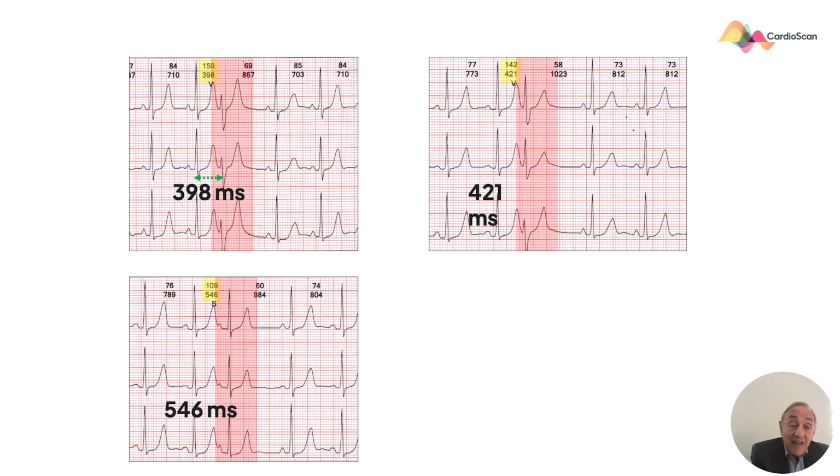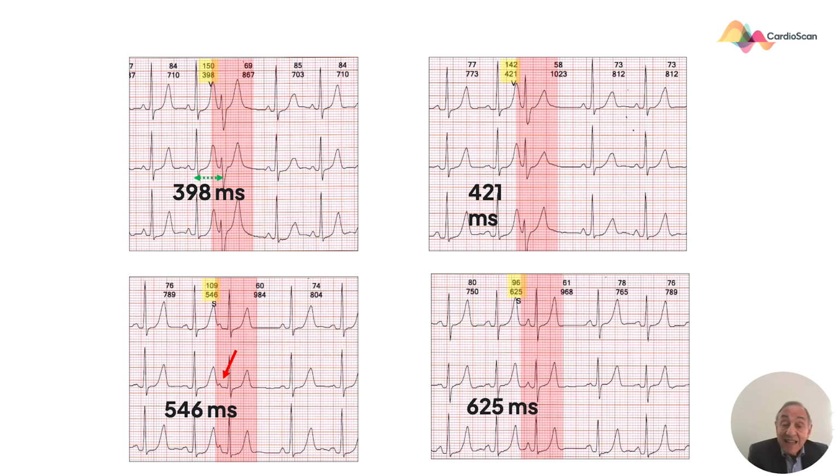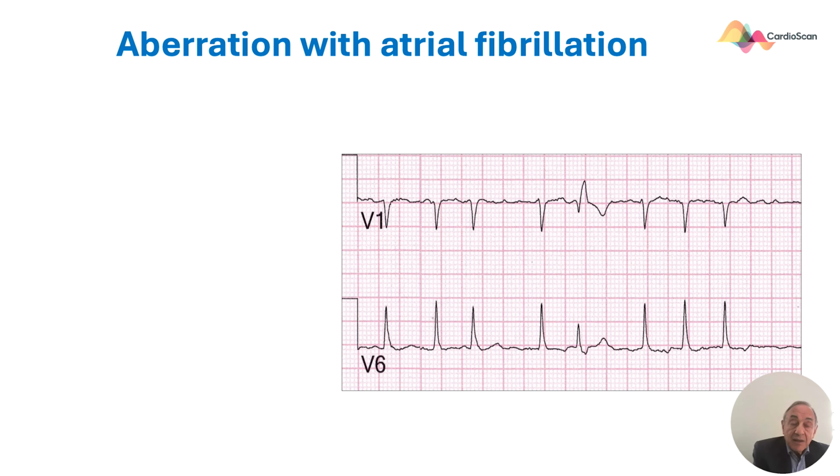Later still, and we can see now, the QRS is narrowed, it's identical to the sinus-generated QRS, and there's even a P wave. And later still, it is quite an obvious atrial ectopic. So the message is important: with aberration on a Holter monitor, look for other ectopics.